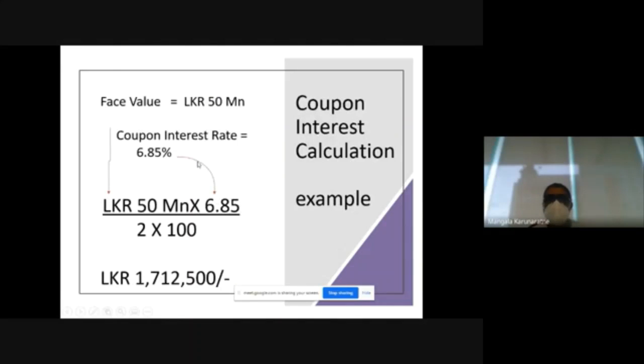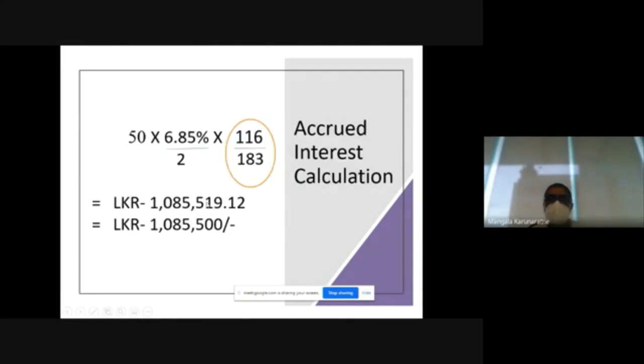Now earlier, I just put 6.85, and below you get 100, right? So you have to be very careful here also. If you remove this percentage mark, you have to put 100 here, right? But 50 million into 6.85% divided by 2, that is, we get 1,712,500, right?